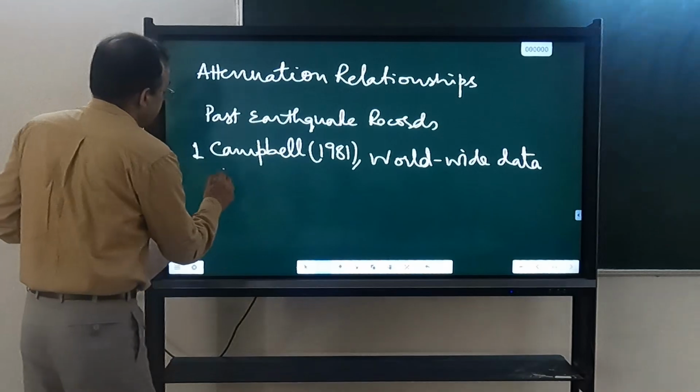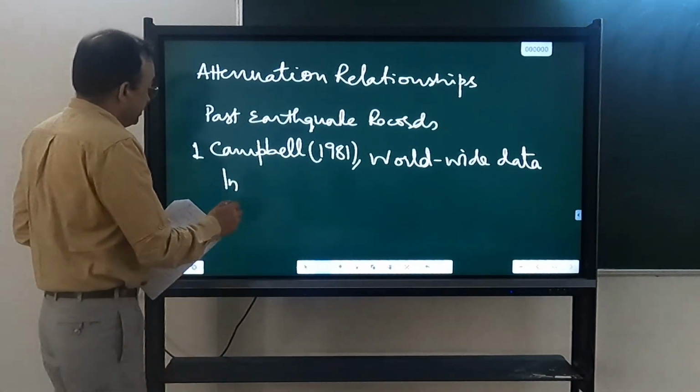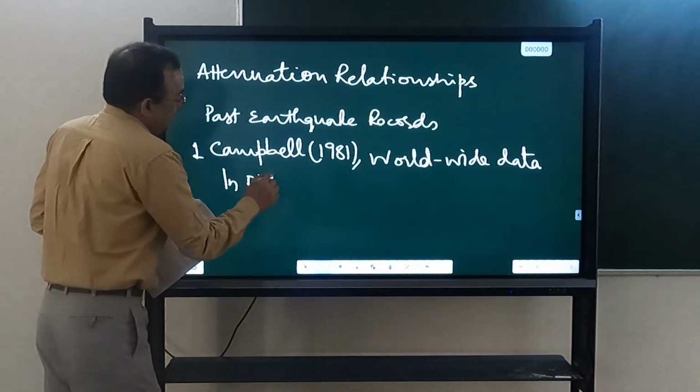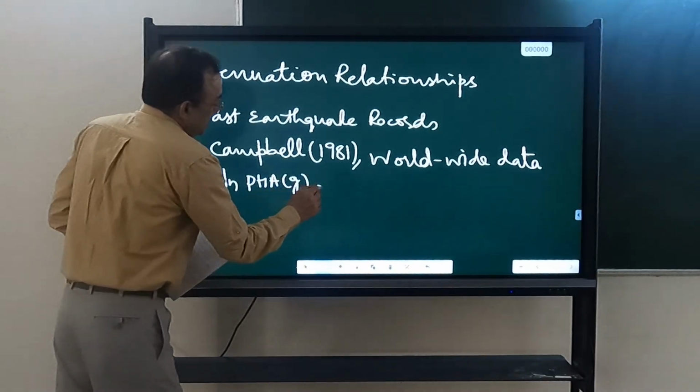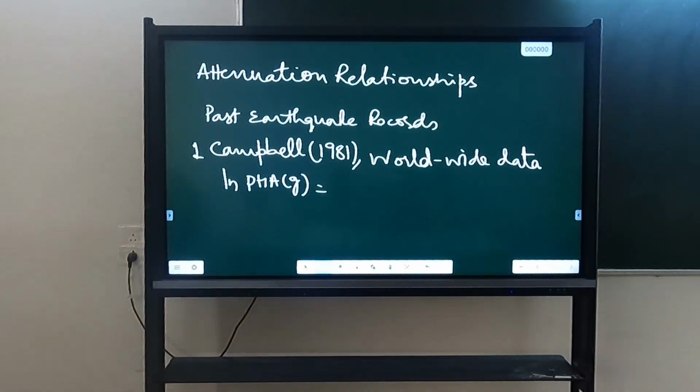And the relationship they developed was the log of PHA in units of g, natural log. In some of the relationships you can see they have used natural log, and in some they have used log to the base 10.